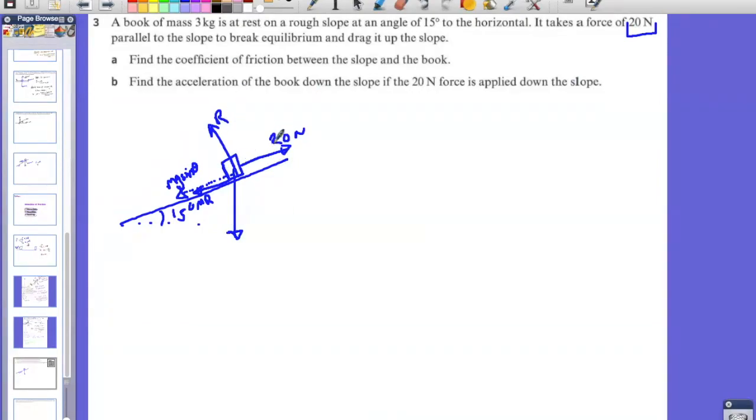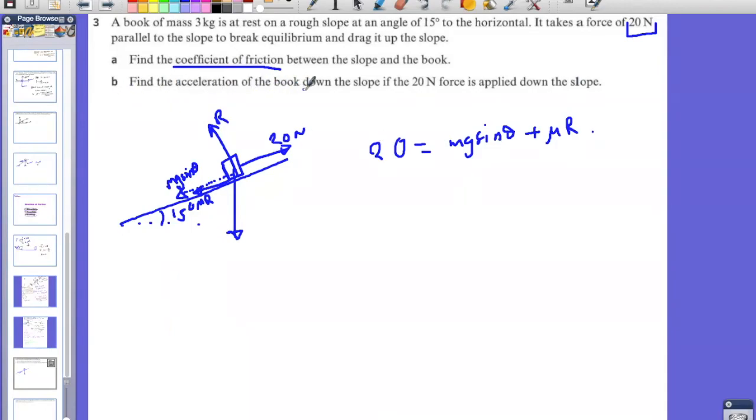And when it is just a little bigger than this, it will start to accelerate upwards. In this case, it's not accelerating yet. So your 20 newtons should be equal to mg sine theta plus mu R. And then you can find mu from that.